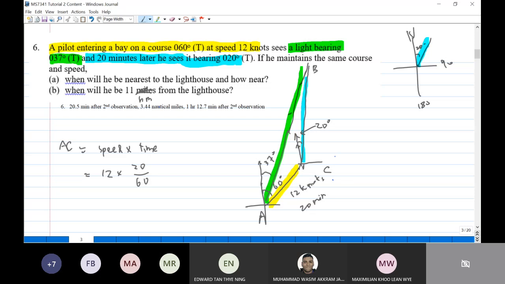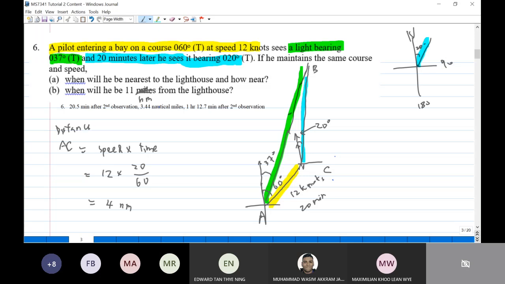So if you use the calculator, you find that this is 4 nautical miles. The speed is 12 knots, and AC is the distance.